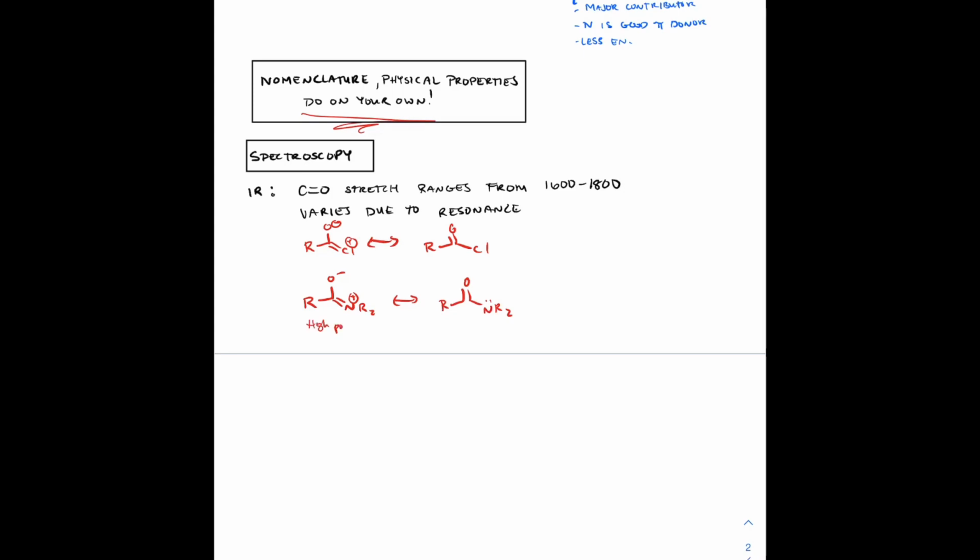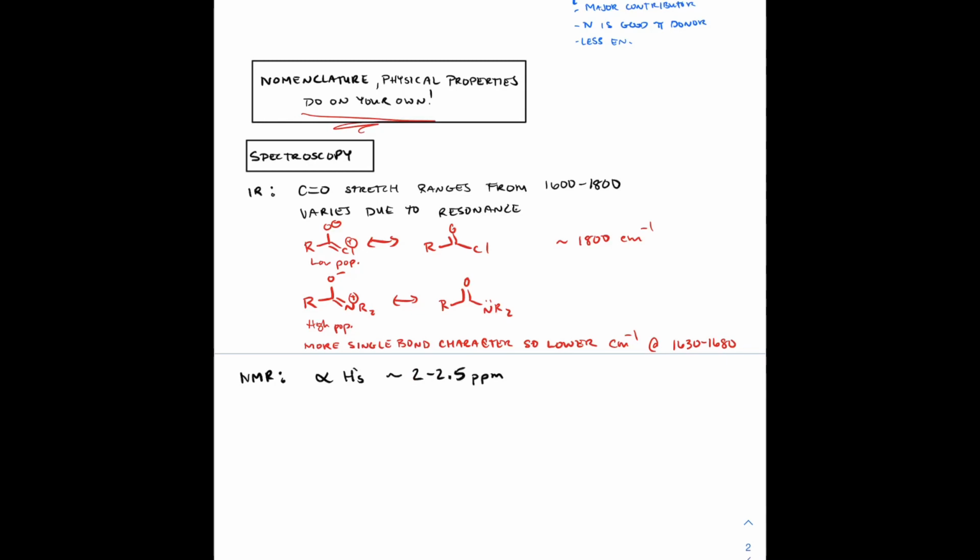If we have a higher population of the amide resonance structure on the left versus the acid chloride resonance structure on the left, then we would have a higher population of a structure that has more single bond character. And remember, this is related to having lower stretching frequencies on an IR. So that's why we have 1630 to 1680 for amides and much higher for acid chlorides at 1800, because we don't have a large contribution of that resonance structure. So there's mostly double bond character.